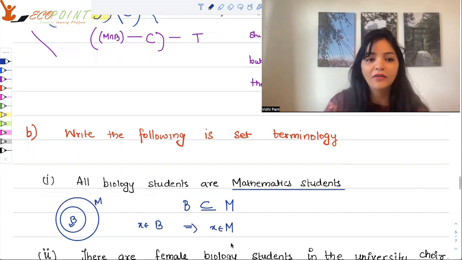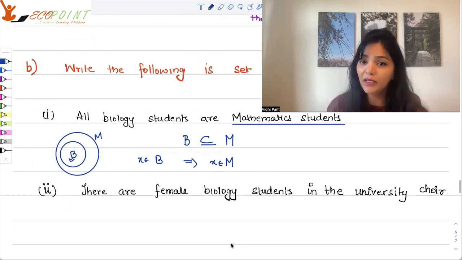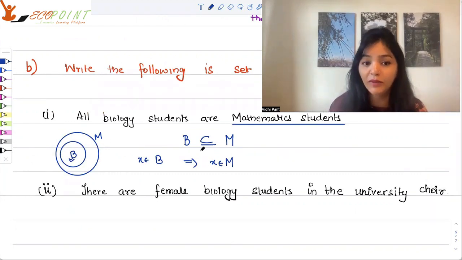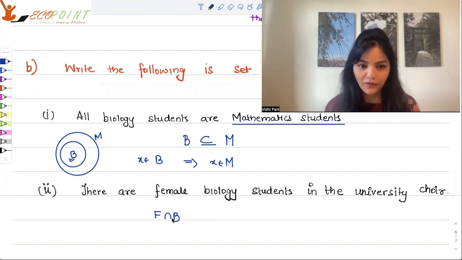Now, the next statement: there are female biology students in the university choir. How do we depict it set theoretically? Female biology students means it has to be an intersection of F with B, right? Think set theoretically. How will you write it symbolically? That means, first of all, female and biology, and they are in the university choir.